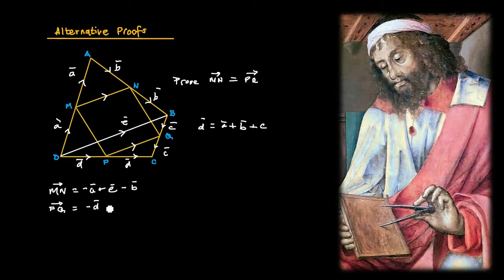Again, positive E. And now positive C. But I know that D is A plus B plus C. So minus D, negative D, must be negative A, negative B, negative C, plus E, plus C.